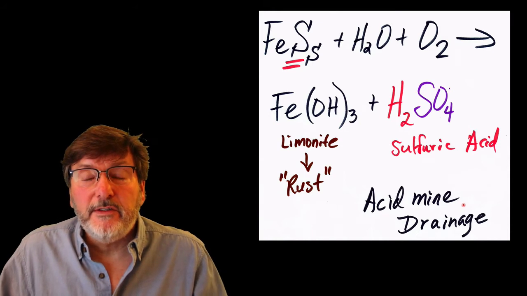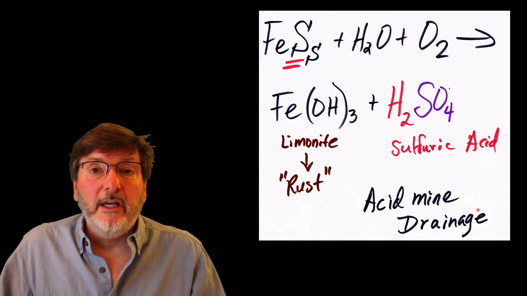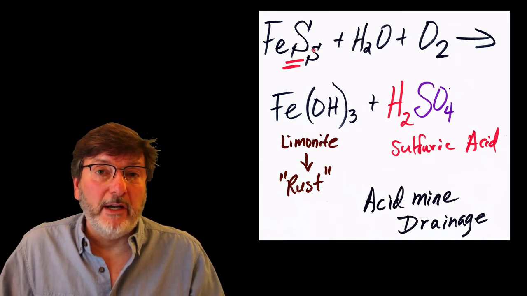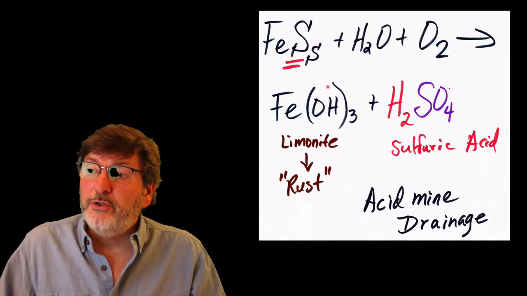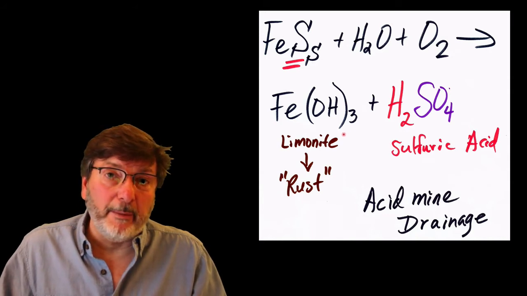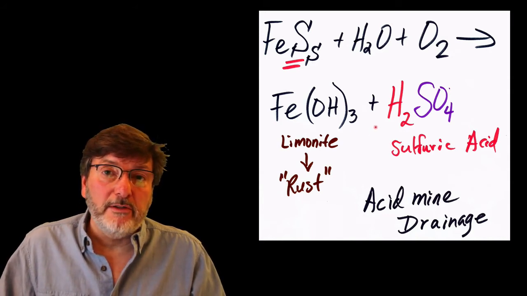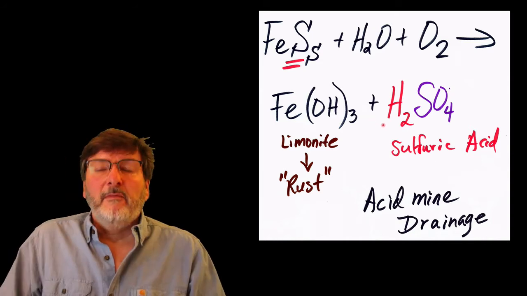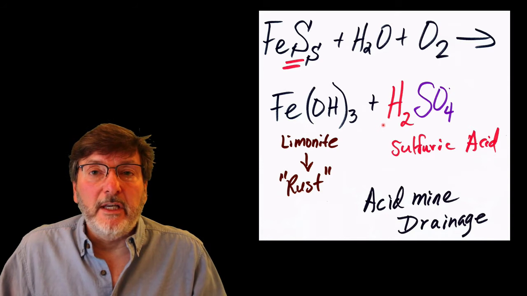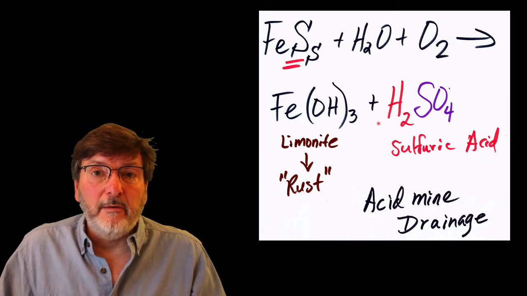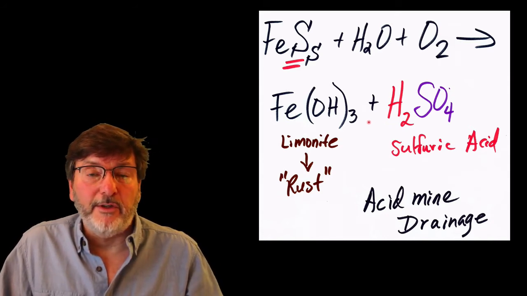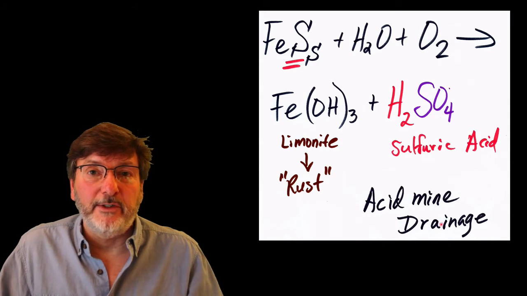That makes these types of metal deposits environmentally dangerous and costly, because if you add rainwater and oxygen to a sulfide mineral like pyrite, you end up with rust and sulfuric acid. The acidity can result in the water carrying dissolved metal ions, which can go into rivers and streams and drinking water, little issues like that.